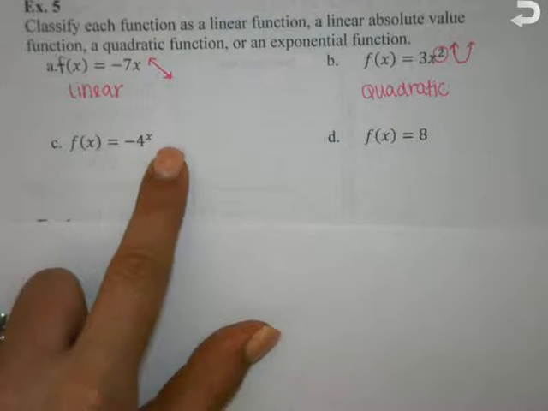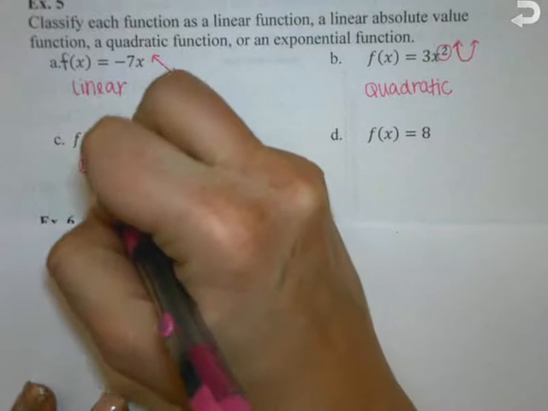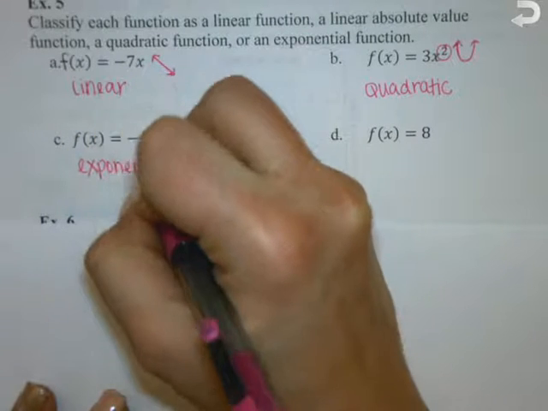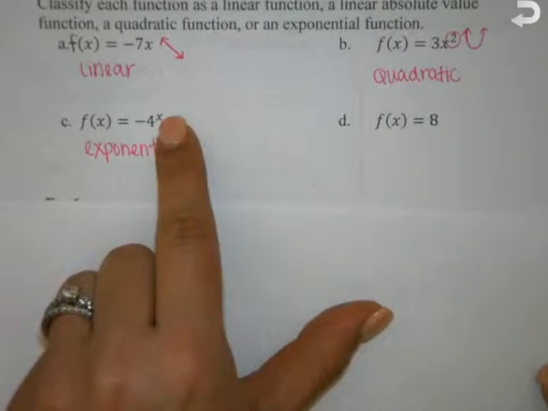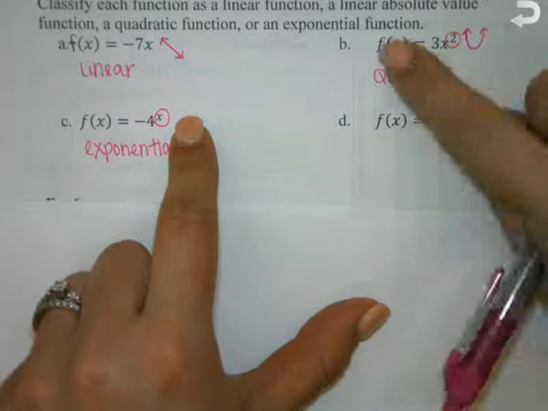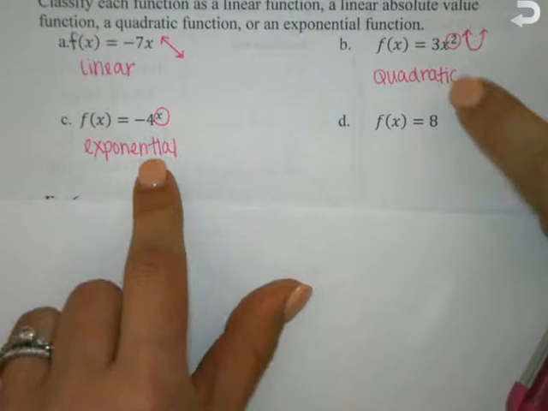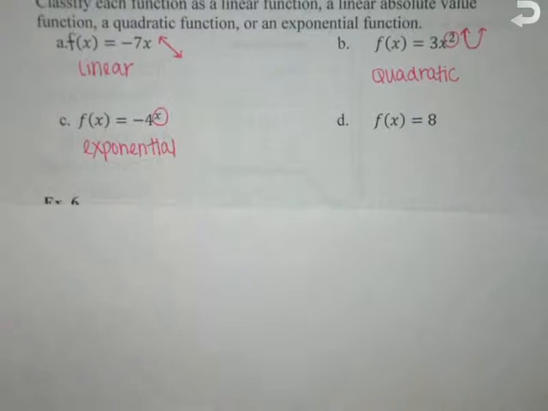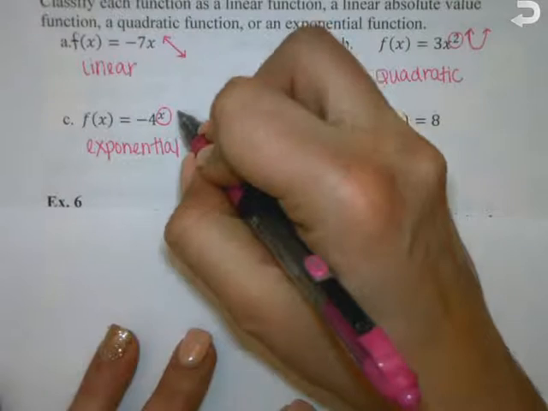What's that? That one's exponential. And the difference is that in C, your x, or your variable, is in the exponent. In B, your exponent is just a number. So that's the difference between a quadratic and an exponential. Is this exponential increasing or decreasing? Decreasing. So it looks like this.